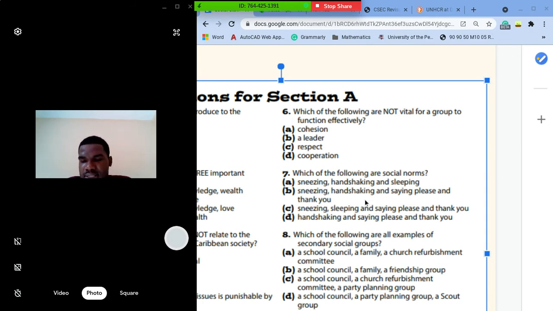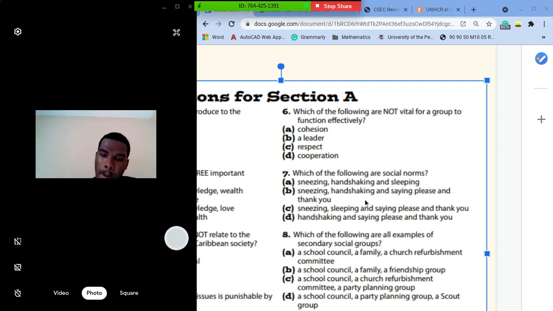Is sneezing a social norm? D. Okay, thank you. So that's an example of a social norm. You're handshaking, you're saying please, and you say thank you. Those are social norms, accepted behaviors.